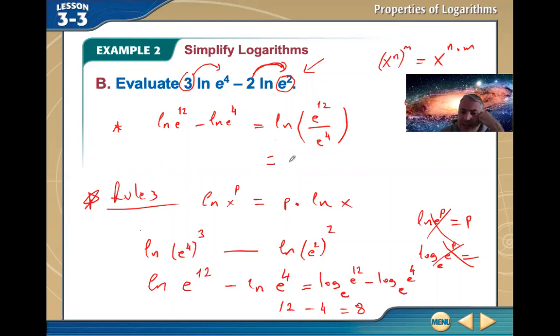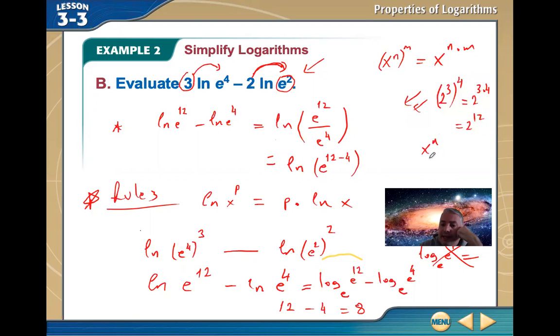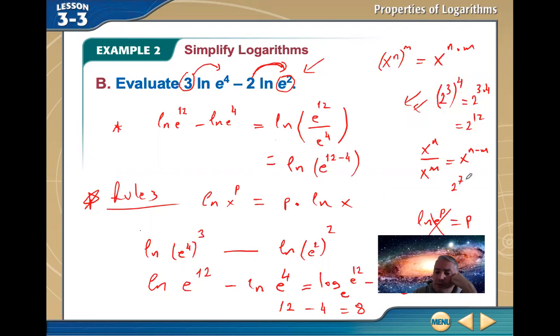Then this is equal to ln e to the power of 12 minus 4. Why? These are the exponential rules: x to n divided by x to m is x to the power of n minus m. Example, 2 to 7 over 2 to 5 is 2 to 7 minus 5, which is 2 squared, which is 4. Then 12 minus 4 is 8, so we have ln e to the power of 8.